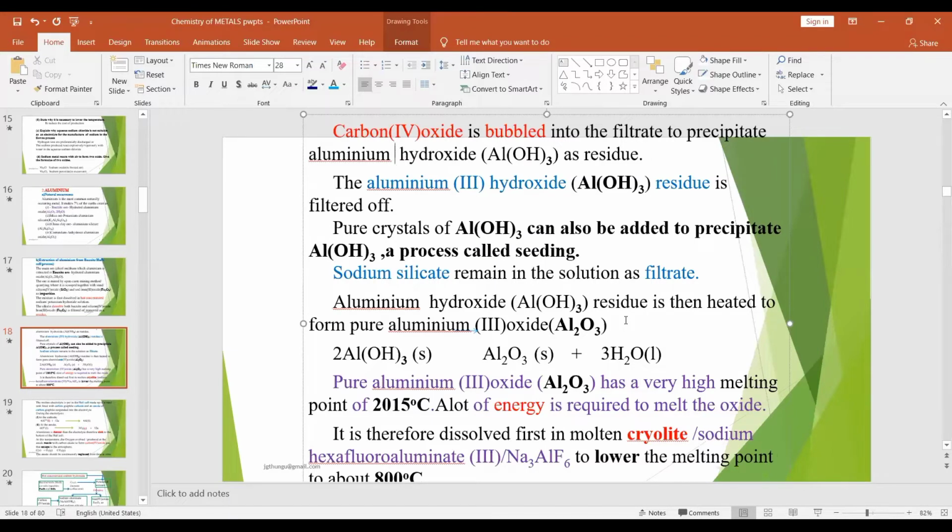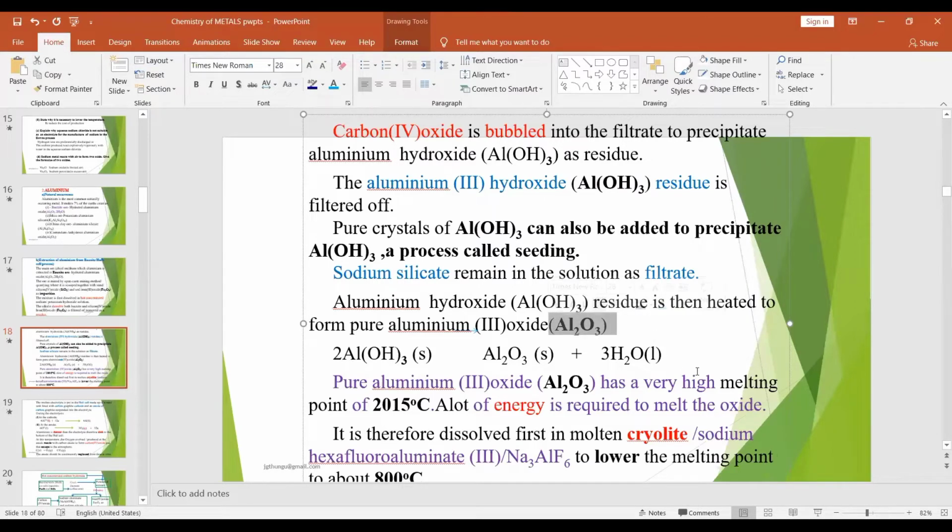That's why you have gone through that process of concentrating the ore to remove what? To remove the impurities. So from there, we heat the aluminium hydroxide that we have filtered out to obtain aluminium oxide.